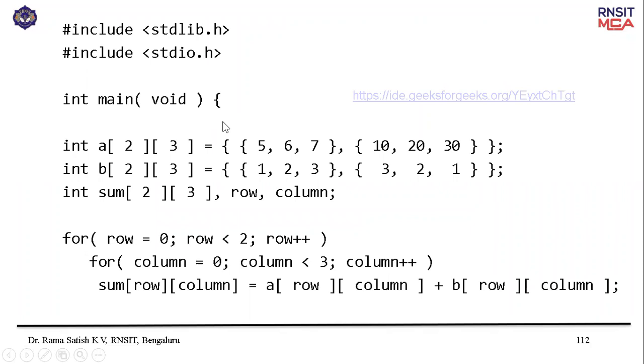And of course, you can see here is one example. In this example, I have 2 matrices, A and B. The A matrix has 5, 6, 7 as the first row and 10, 20, 30 in the second row. Similarly, the B matrix has 1, 2, 3 in the first row and 3, 2, 1 in the second row.